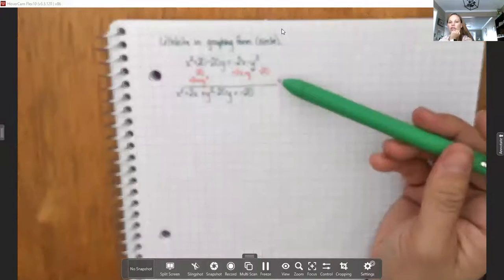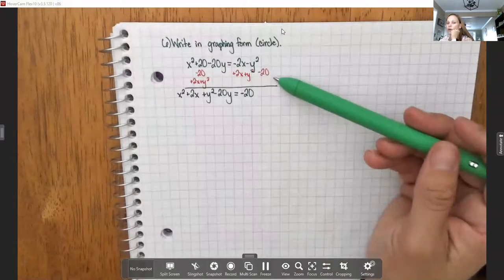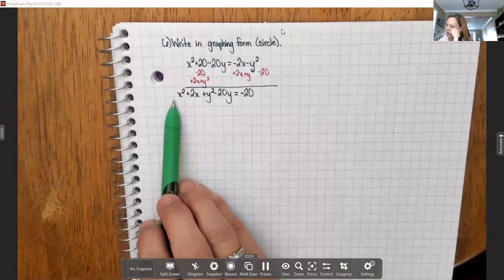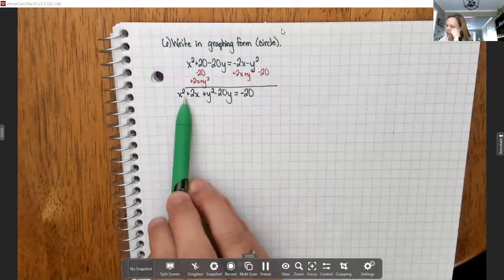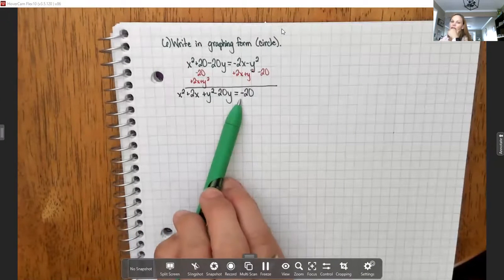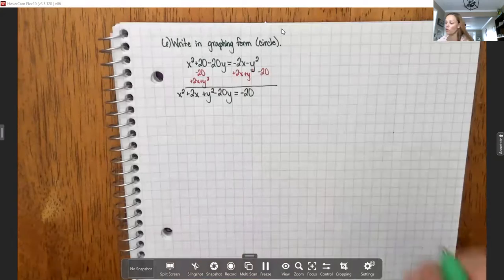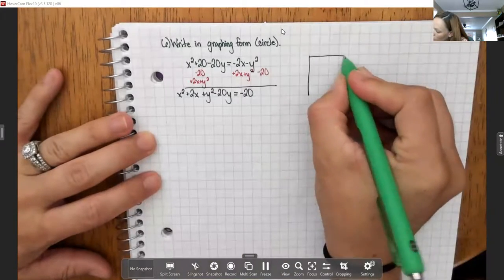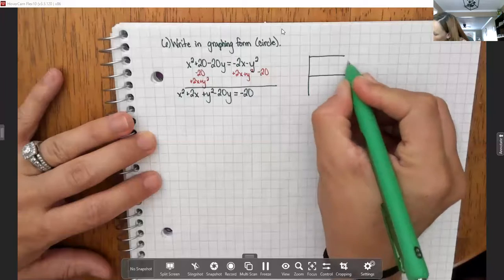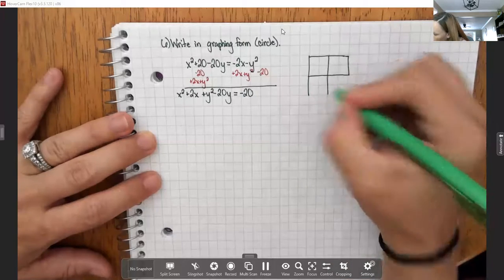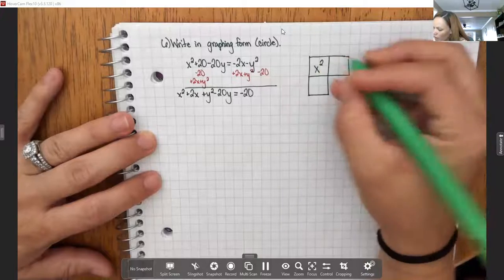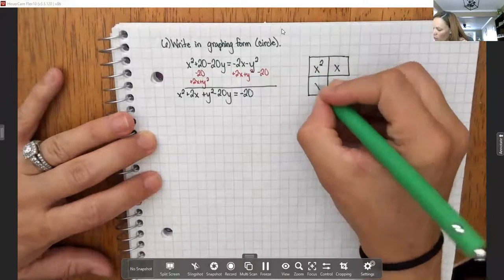You can do this in 2 different steps if that confuses you to do it all at once. And when you get the x's and y's on one side, you want your x's together and your y's together, because you have to do 2 different squares for those. For my x's, since it's just 2x, I cut that in half and I get 1 and 1.